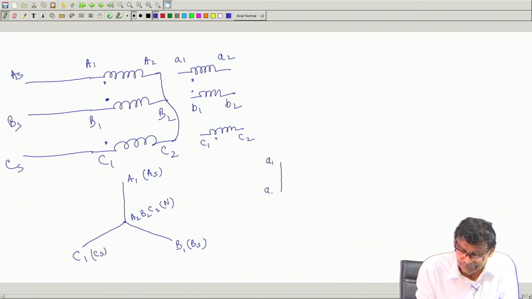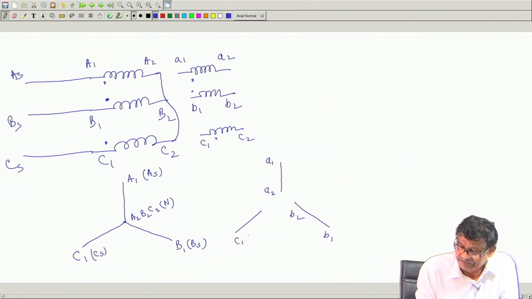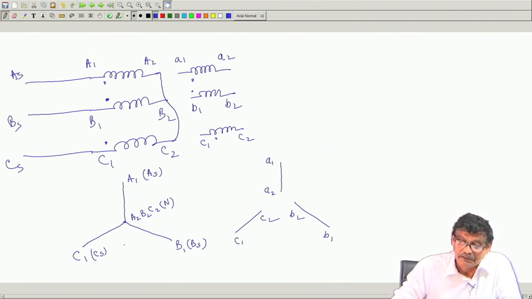these voltages are available: A1, A2 parallel to capital A1, A2, B1, B2 parallel to capital B1, B2, and C1, C2 parallel to capital C1, C2.